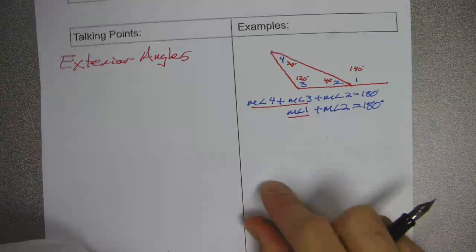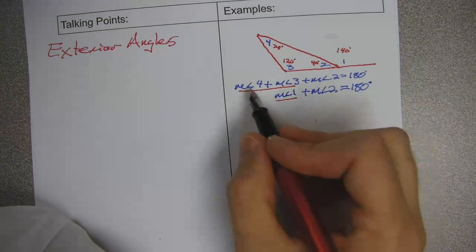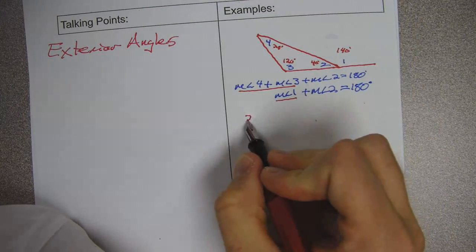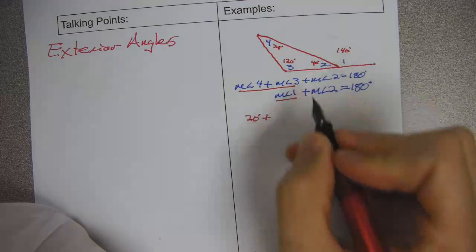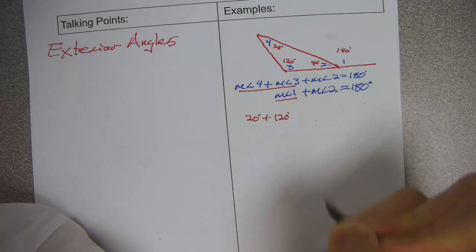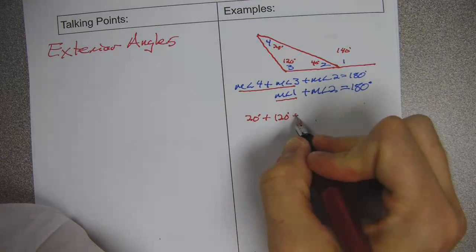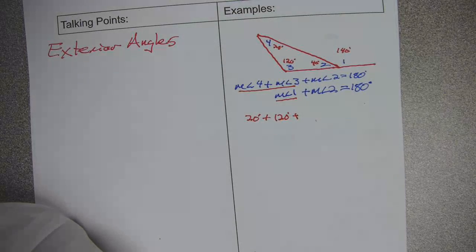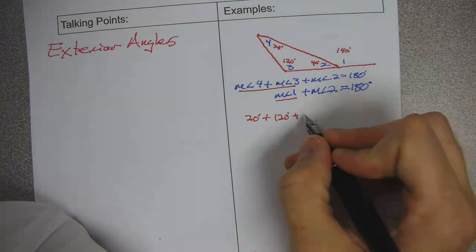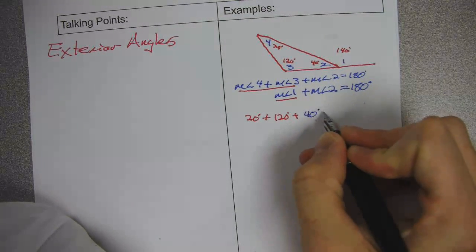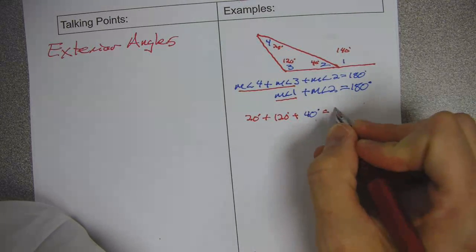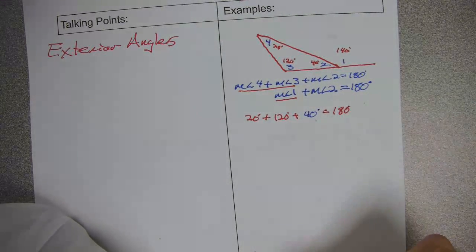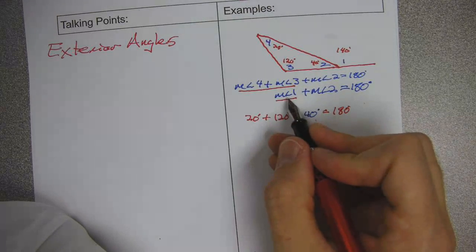Now let's try something. Let's rewrite this. Angle 4 we said is 20 degrees, plus angle 3 we said was 120 degrees, plus angle 2 we said was 40 degrees. And all of that together equals 180. All right, wonderful. Let's look at angle 1.